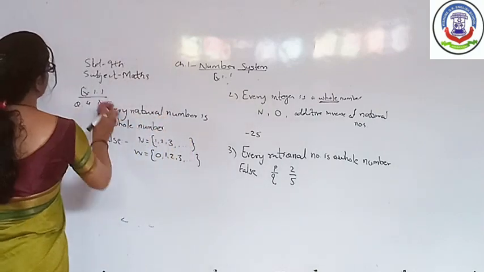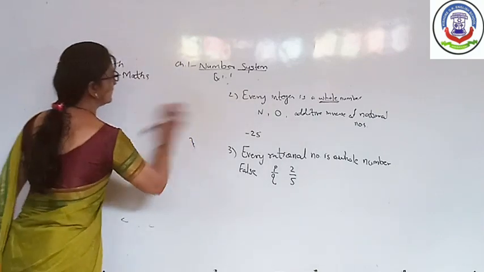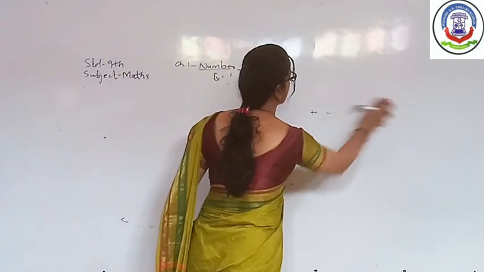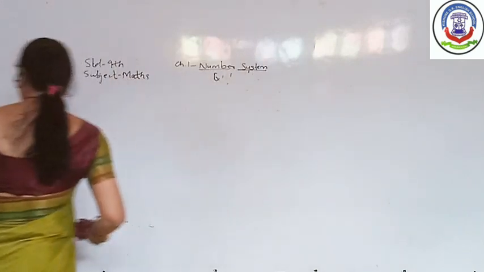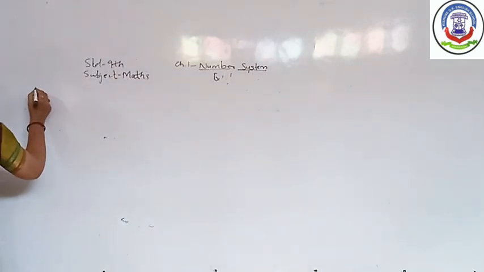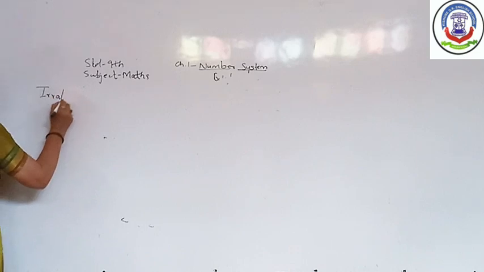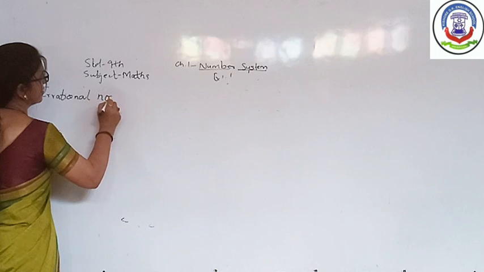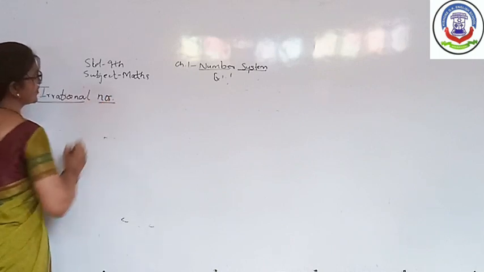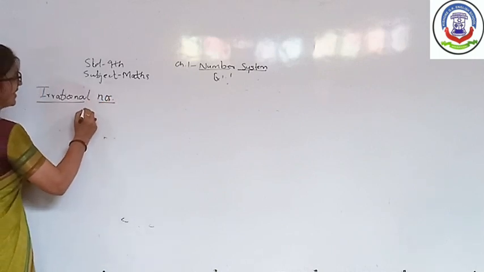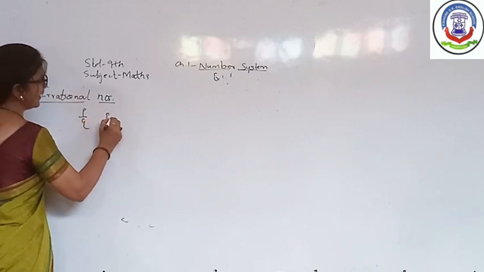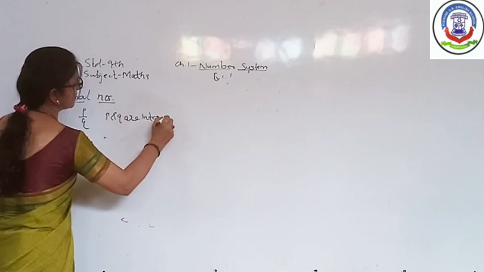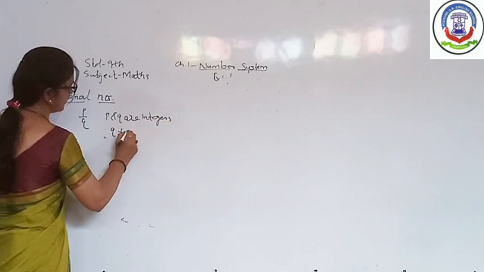Now we start with irrational numbers. Irrational numbers are the numbers which cannot be expressed in the form p by q, where p as well as q are integers and q not equal to 0.